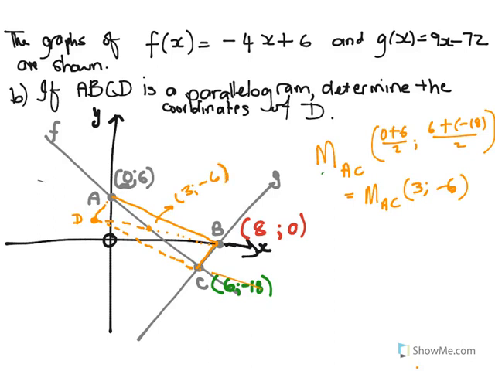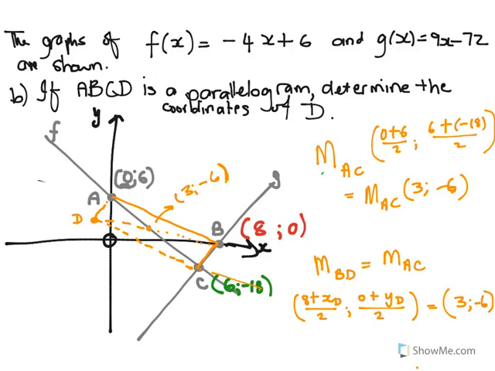the midpoint of BD would have to be equal to the midpoint of AC, right? Since it's a parallelogram. And so then the midpoint of BD would be 8 plus whatever the x coordinate of D is, over 2, and the y coordinate would be 0 plus whatever the y coordinate of D is, over 2, and that would have to give us 3 and minus 6, right?